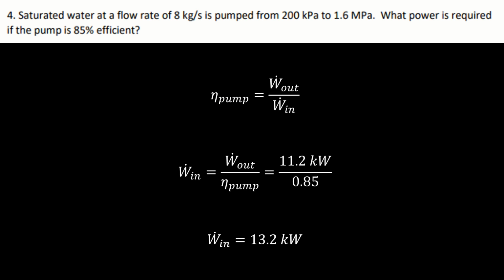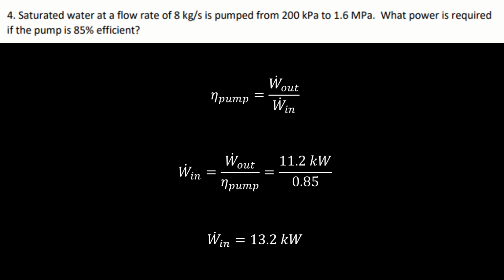Now, going back to the efficiency of our pump, the work efficiency would be the output work transfer rate divided by the input work transfer rate. Rearranging it to find the input power, what we find is 11.2 kilowatts divided by a pump efficiency of 85%, or 0.85, comes out to an input power requirement of 13.2 kilowatts.